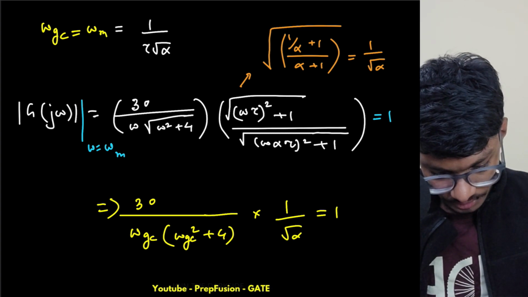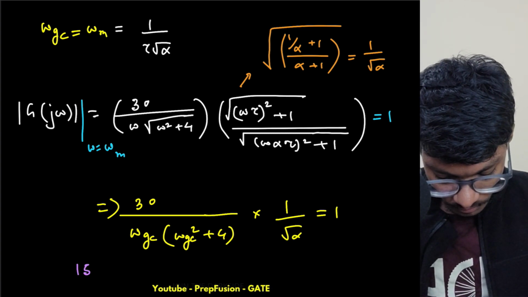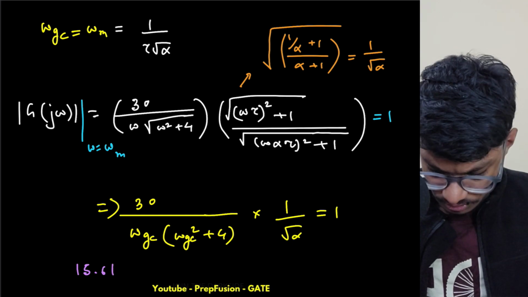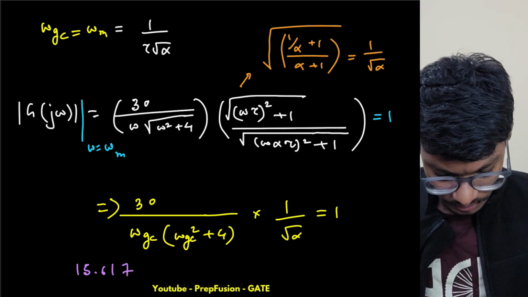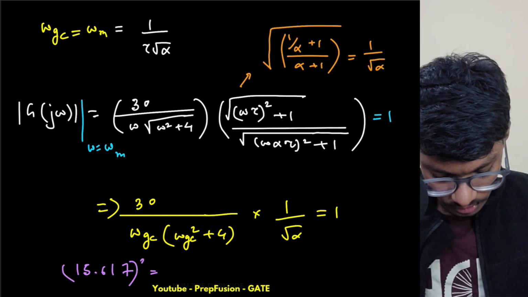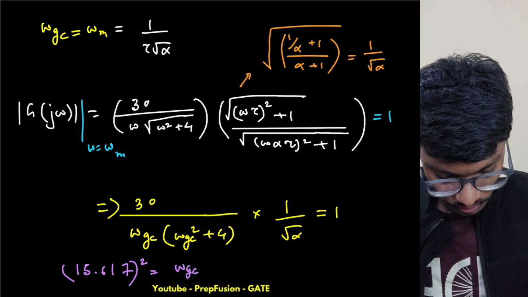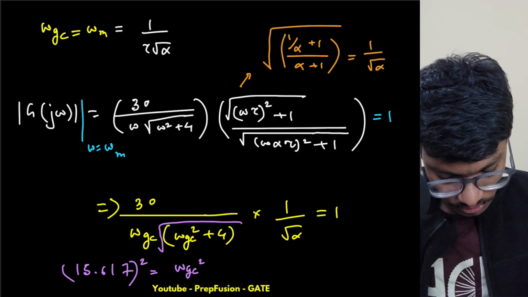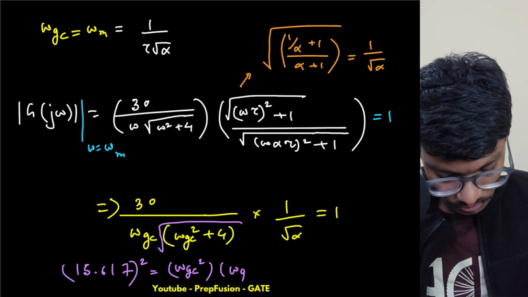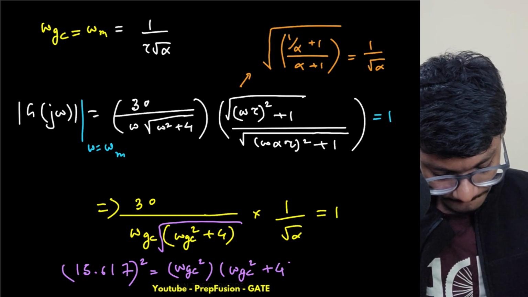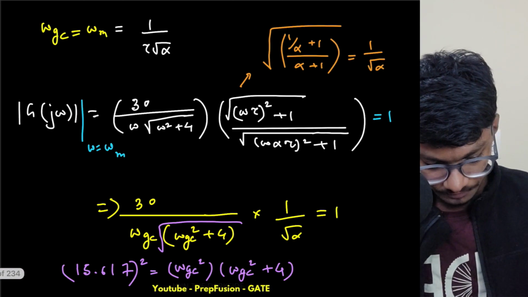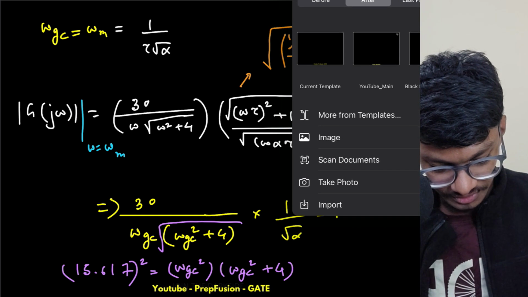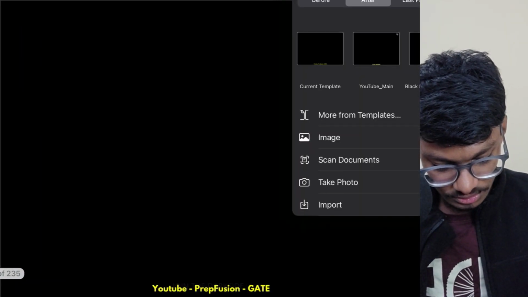So this will be 15 point something, 15.617 equals to, I will take the whole square, omega gc whole square, sorry, there was an under root here also, plus 4. So yeah, obviously we'll need extra pages, just hold on.